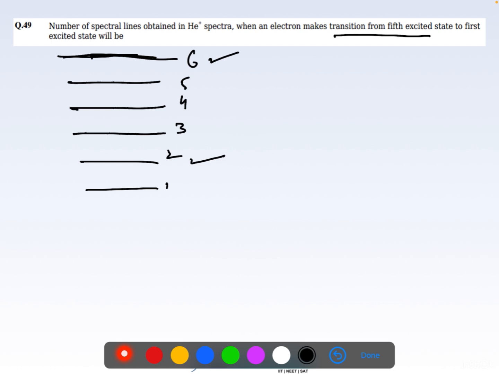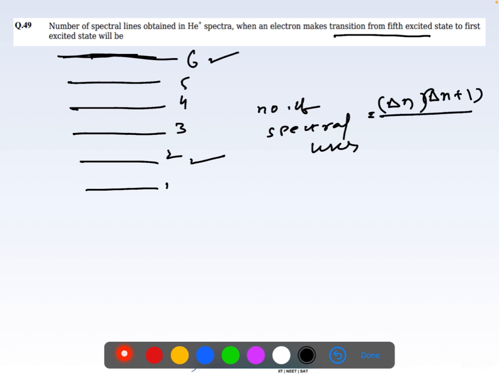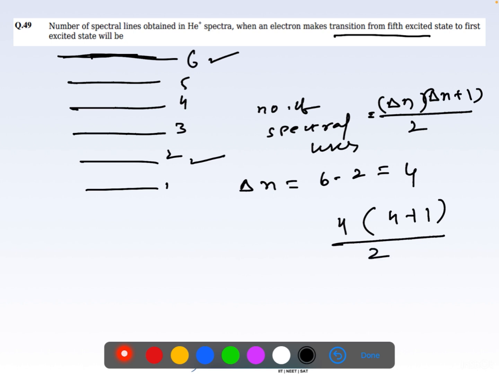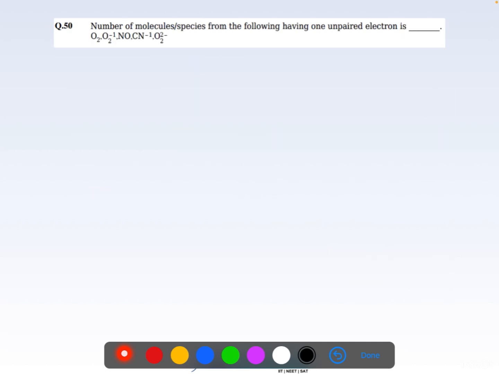So the number of spectral lines will be equal to delta n into delta n plus 1, divided by 2. Here delta n is 6 minus 2, that is 4. So that is 4 into 4 plus 1 divided by 2. So this is 20 by 2. So the number of spectral lines is 10.